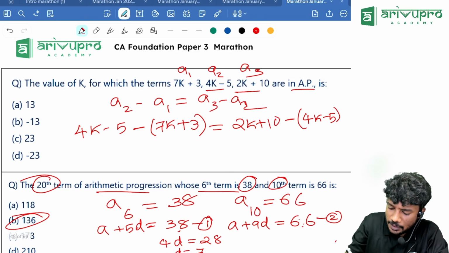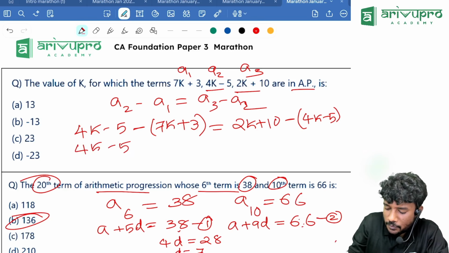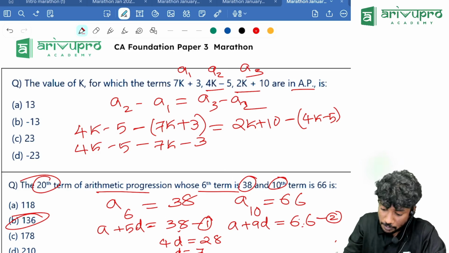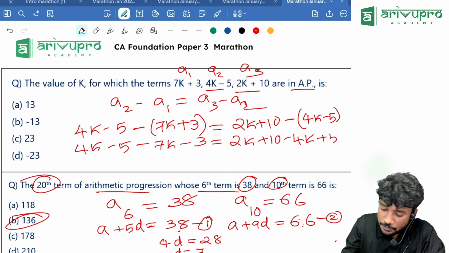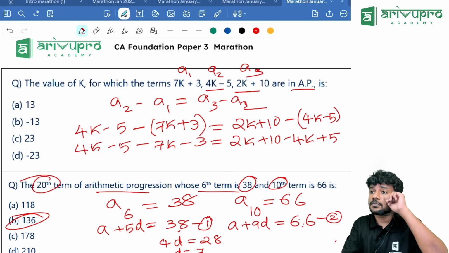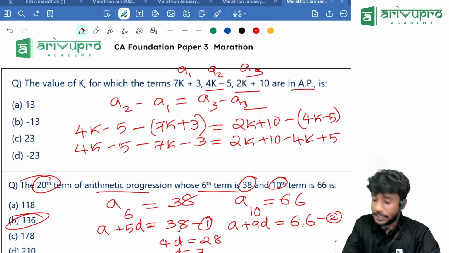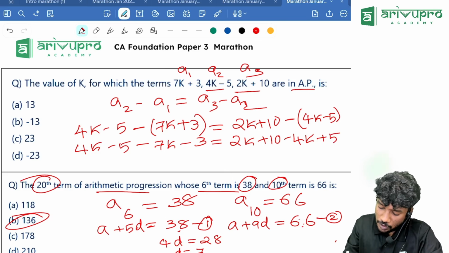So 4K minus 5 minus of 7K is how much? Minus 7K. Minus of 3 is minus 3, which is equal to 2K plus 10 minus 4K plus 5.